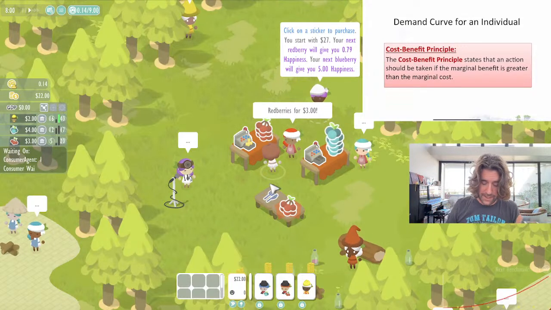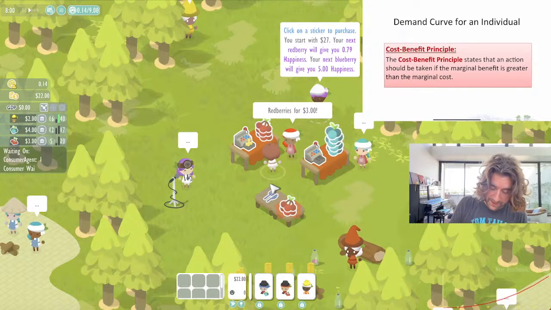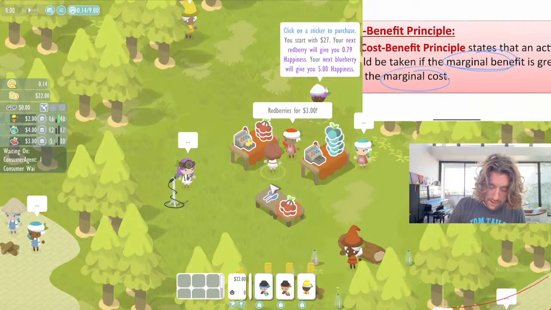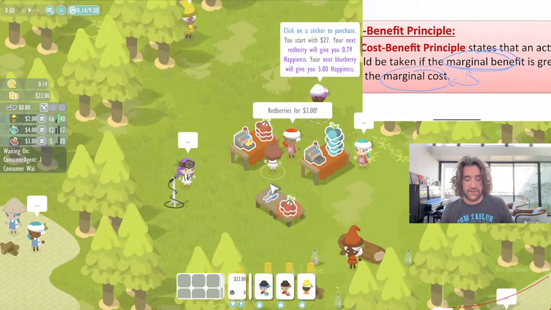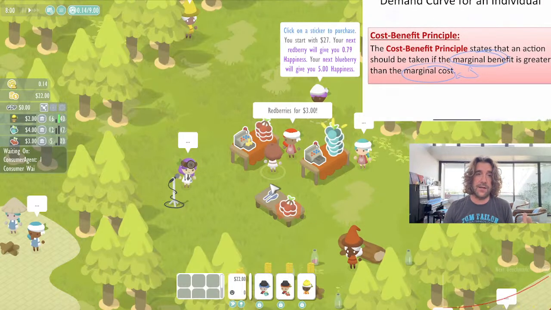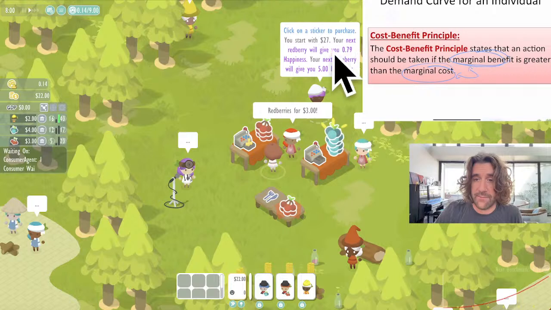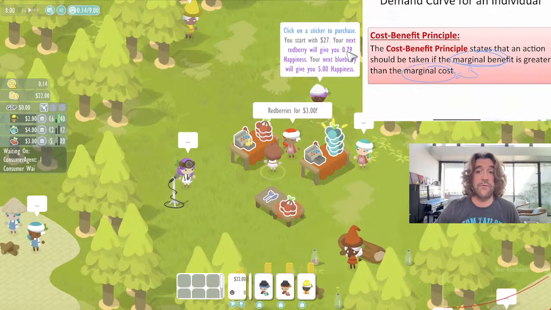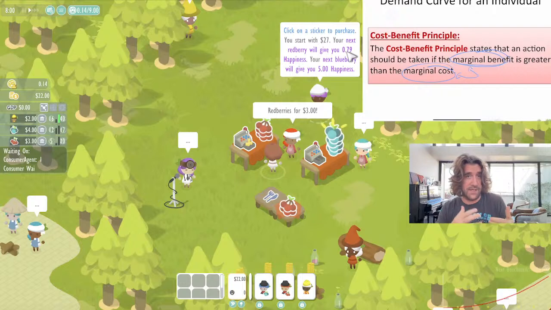And in order to do that, we should just compare the marginal benefit and the marginal cost of purchasing and consuming the first red berry. The marginal benefit is easy to calculate here. In this case, for example, the marginal benefit of the third red berry is 0.79. So if you eat the third red berry, you would get 0.79 utils.